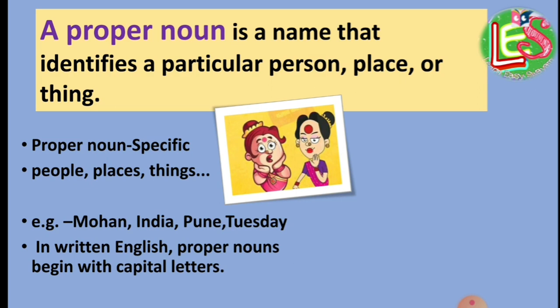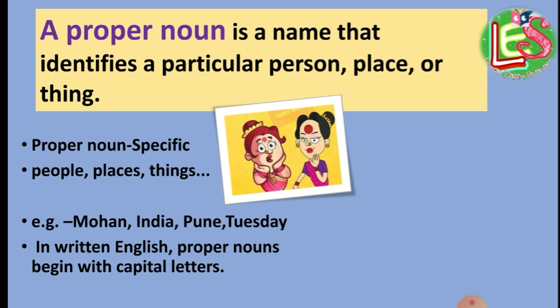See, Mohan is the name of the boy. We are talking about a particular person, a particular boy. That's why Mohan is a proper noun, whereas India is a specific country we have mentioned. Pune is the name of the specific city, whereas Tuesday is the day or the specific day we have mentioned.